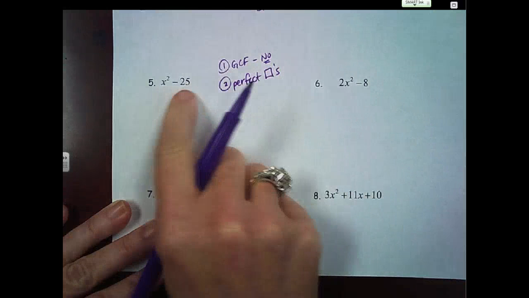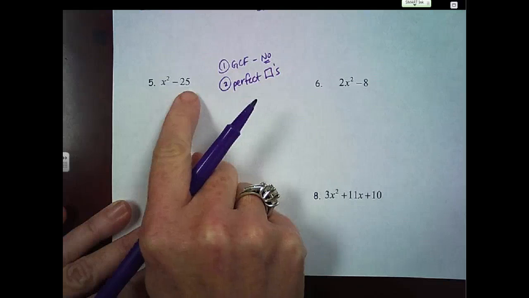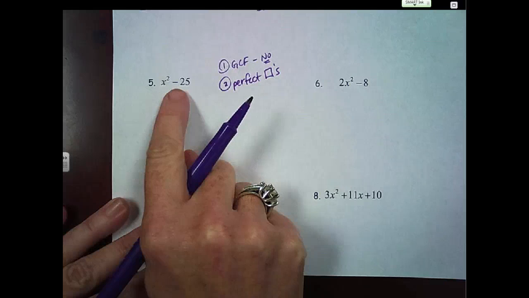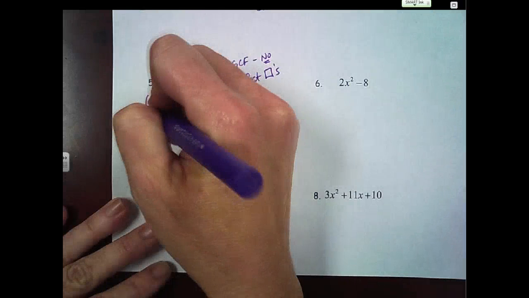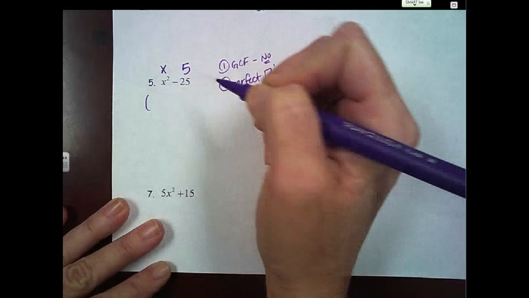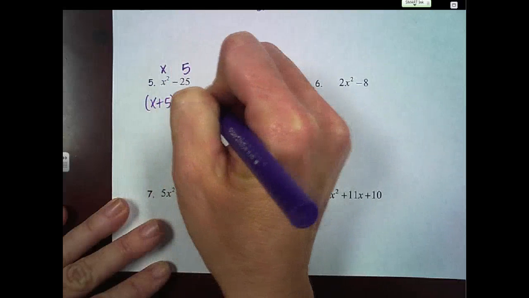Are these perfect squares? Yes, x squared is a perfect square, and 25 is a perfect square. Then you'll notice it has a minus in the middle, right? Remember, we call this a difference of perfect squares. So the way you factor that, remember, is the square root of x squared is x, and the square root of 25 is 5. So it's just x plus 5 and x minus 5.